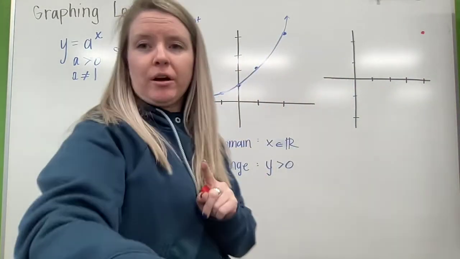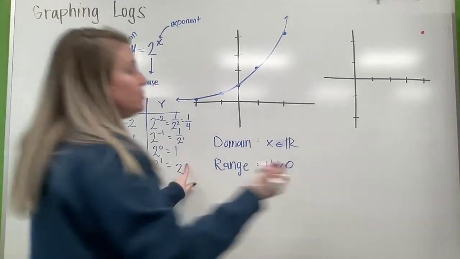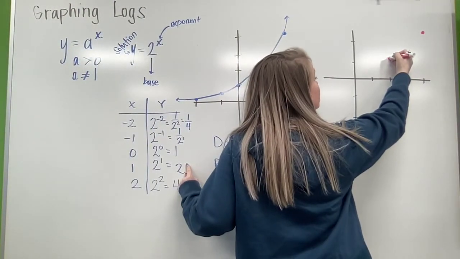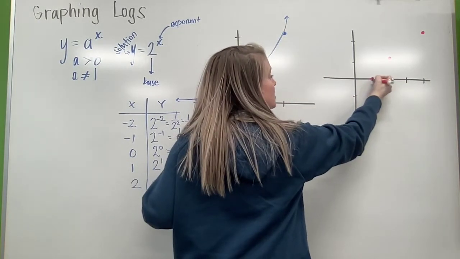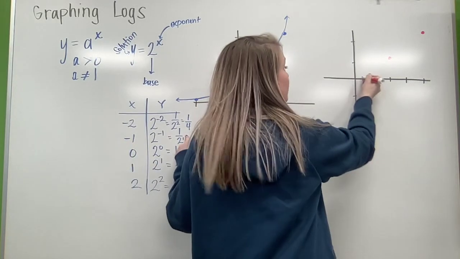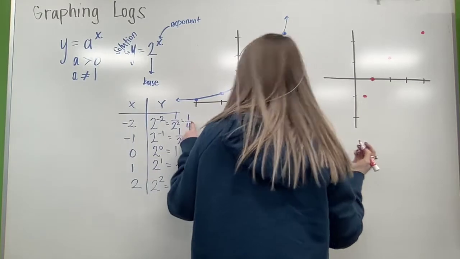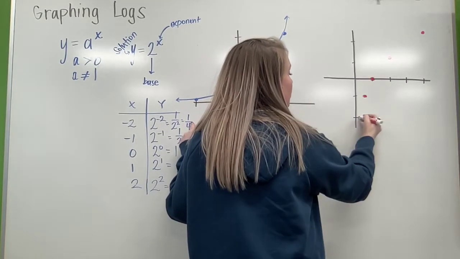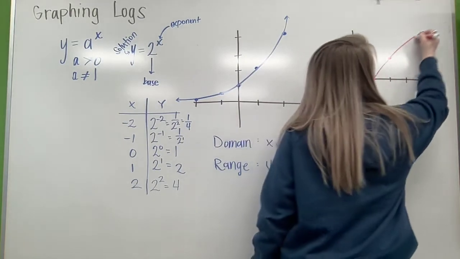Just switching that order. Then (1, 2) becomes (2, 1). (0, 1) becomes (1, 0). (-1, 1/2) becomes (1/2, -1). And (-2, 1/4) becomes (1/4, -2). And I get my logarithm.